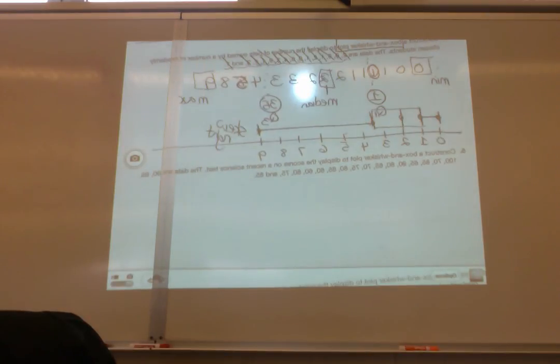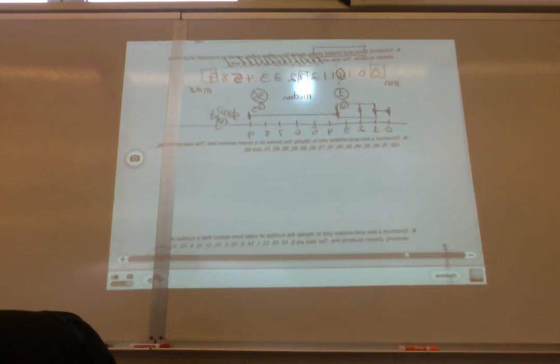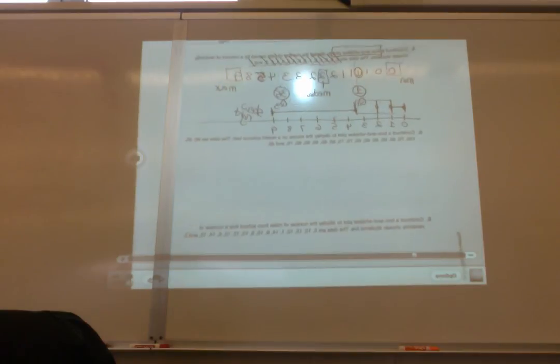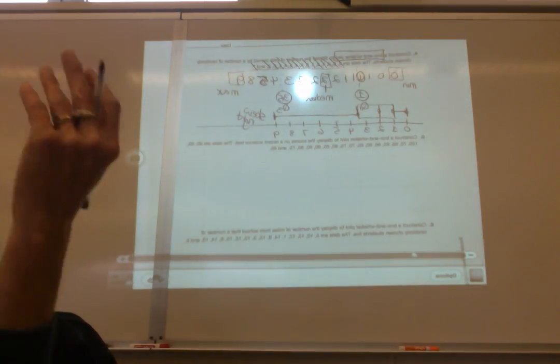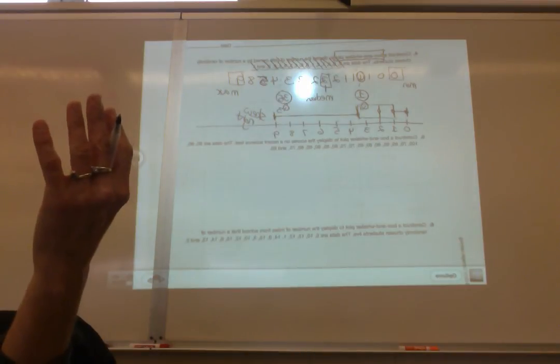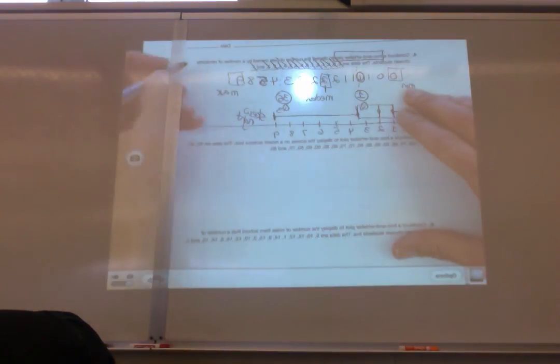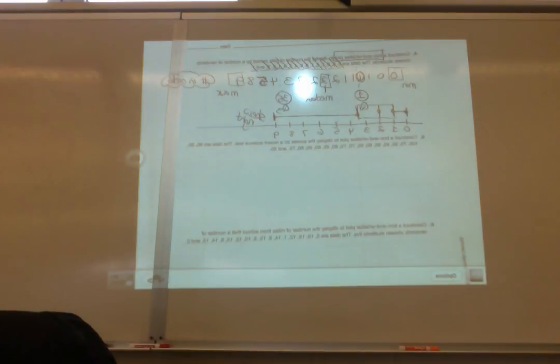Now you guys go ahead and do number 2 at your tables. I'm going to walk around, and what was step 1? Write all the numbers. Don't cross them out. Find numbers in order. That's step 1. What's the second step? Finding the min, the max, and the median.